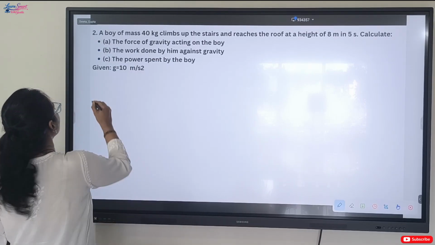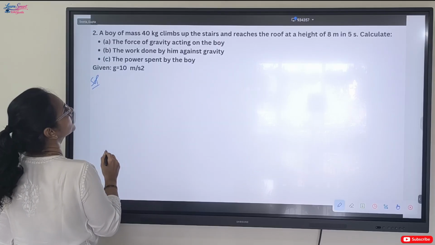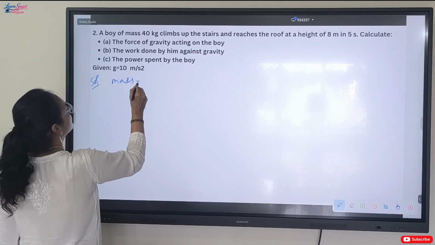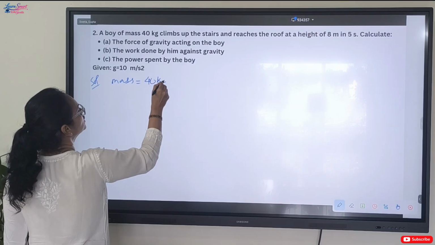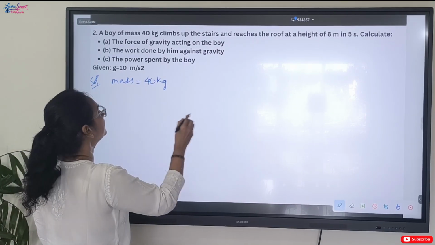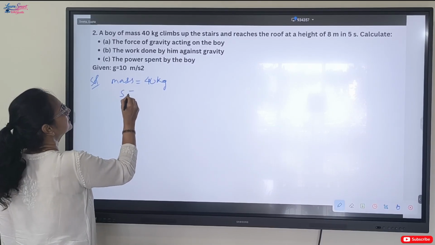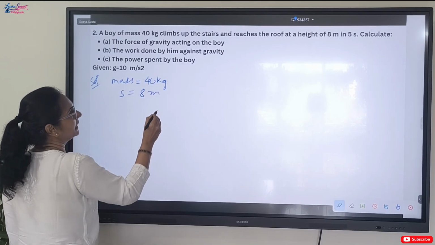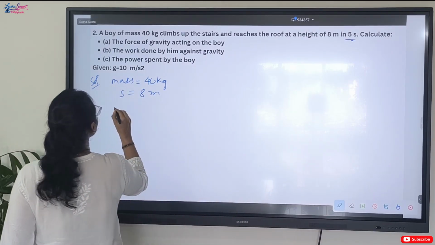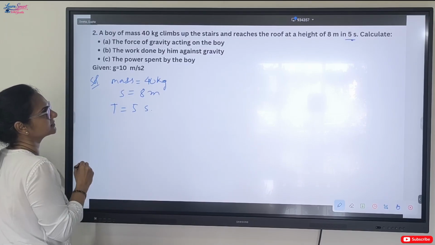Question number 2. It says a boy of mass 40 kg climbs up the stairs. So mass is given 40 kg. Climbs up the stairs and reaches the roof at a height of 8 meter. So the displacement S is 8 meter and the time taken is 5 seconds. So we will write time equals to 5 seconds.